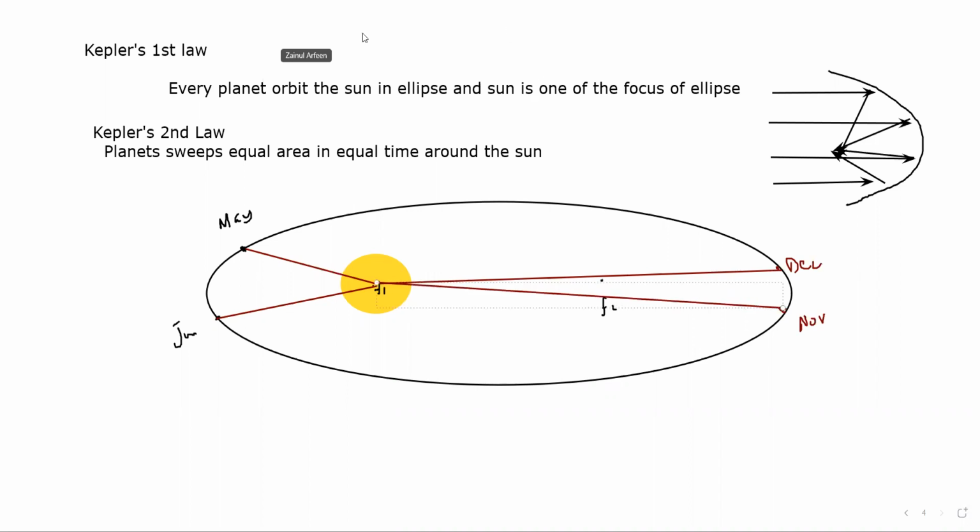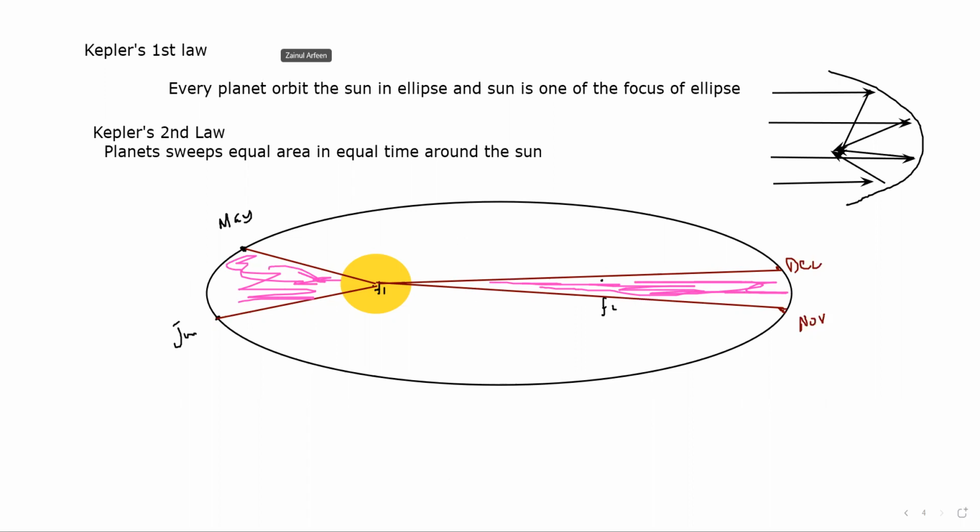Means these two will have the same areas. The area of this part will be equal to the area of the other part within a month. This part has a greater height and smaller width, this has a greater width and smaller height, but the total areas of the two are equal.